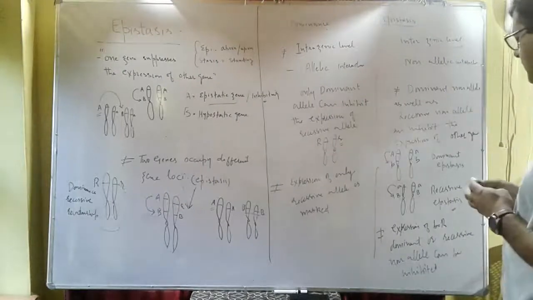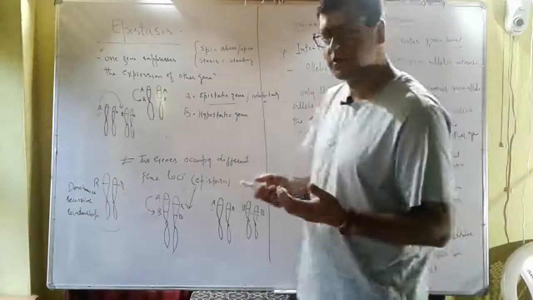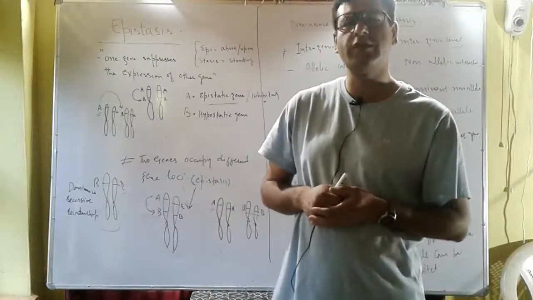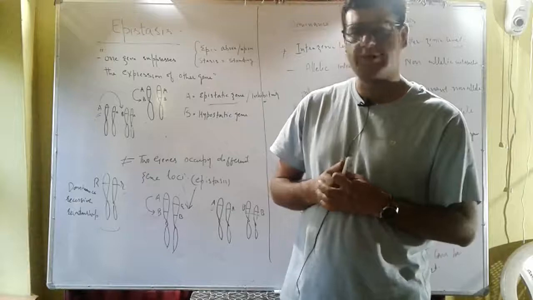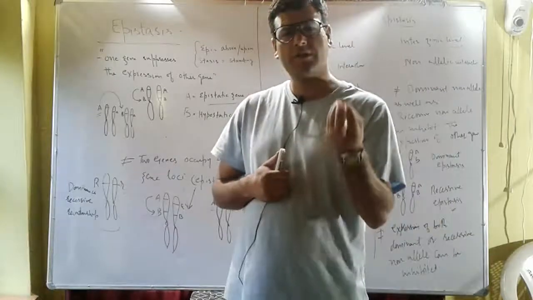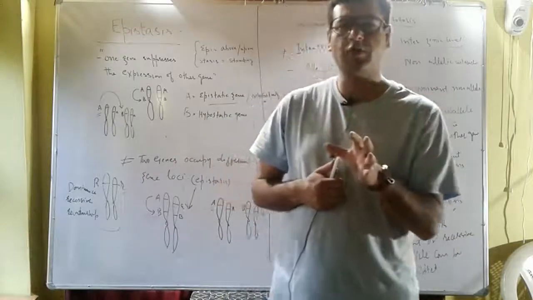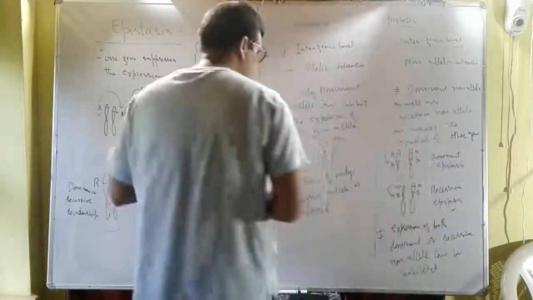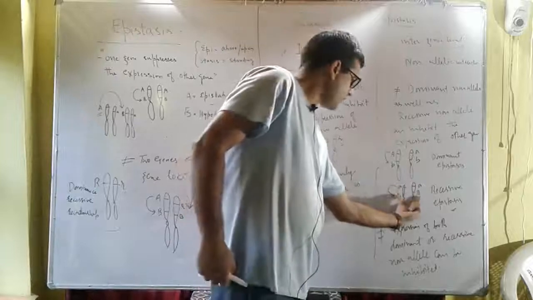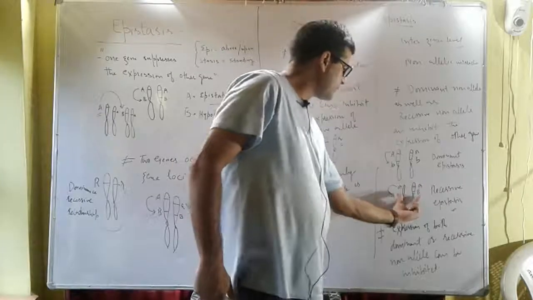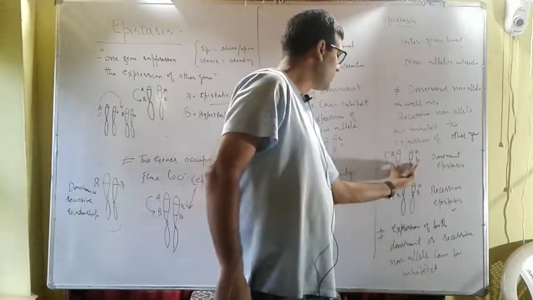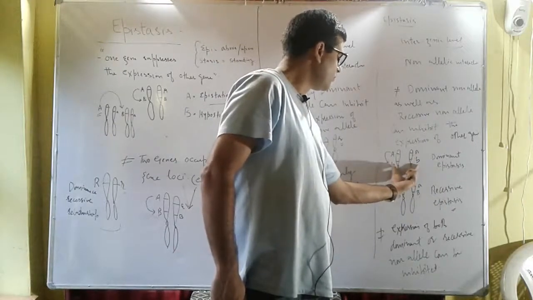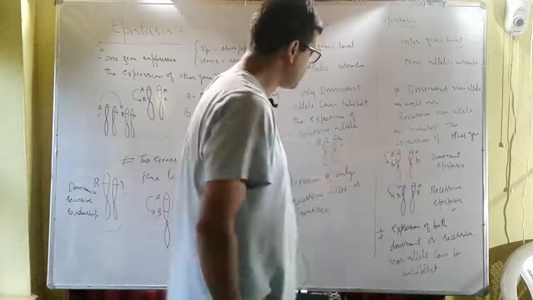So we can say that in case of dominance-recessiveness, only the expression of the recessive allele is inhibited, whereas in case of epistasis, the expression of both the dominant non-allele as well as the recessive non-allele can be inhibited. For example, here we have a dominant non-allele whose expression is inhibited, and here a recessive non-allele whose expression is suppressed.